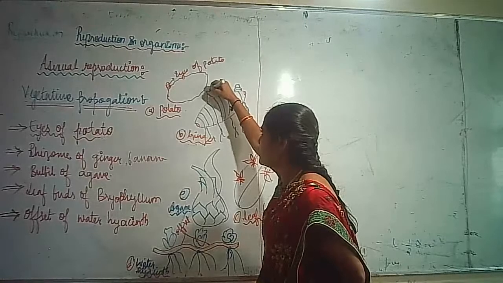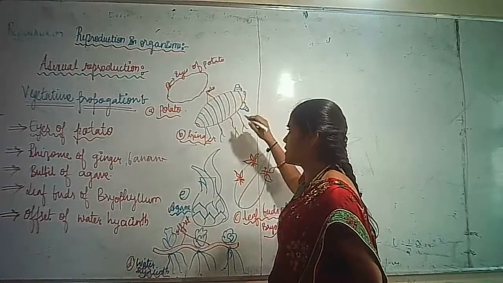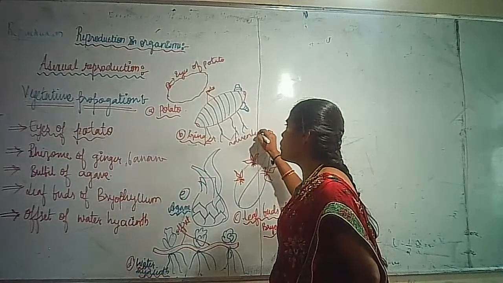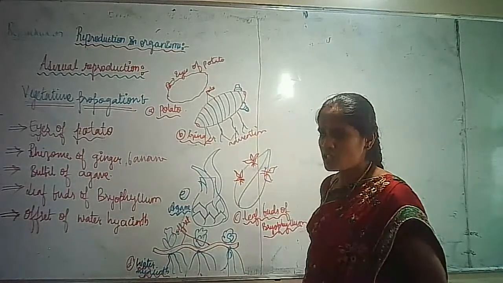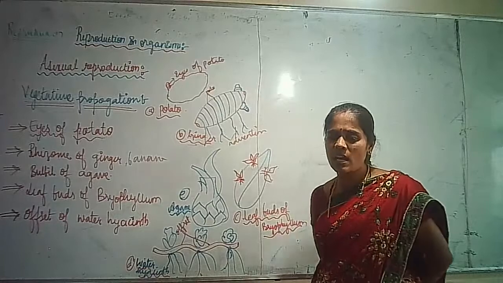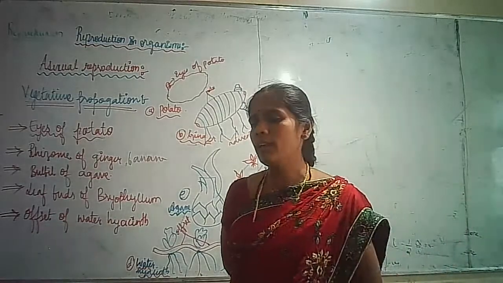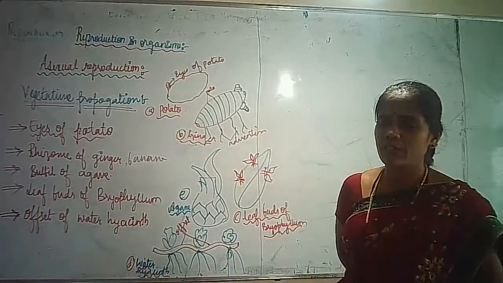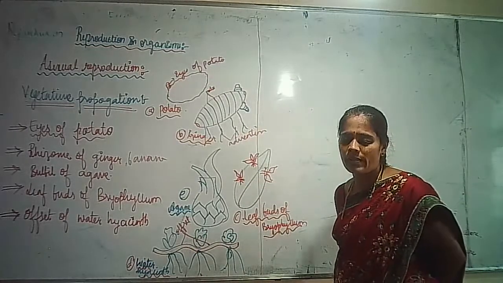You are able to see these are the nodes of ginger, and these are the adventitious roots. You know that adventitious roots are the roots which arise not from the radicle but from different parts of the plant body.